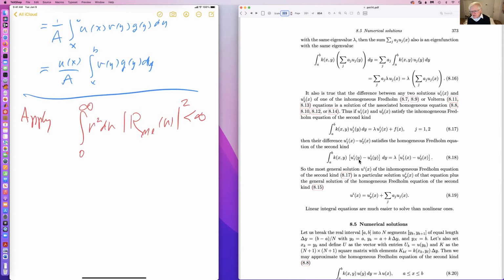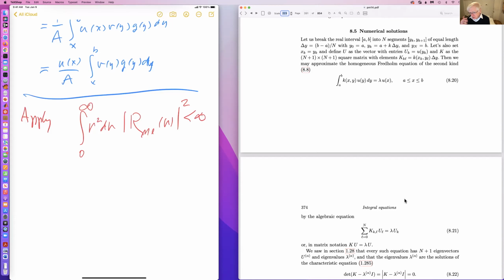And so the difference of any two solutions of the inhomogeneous equation is a solution of the homogeneous equation. So you write the general solution of the inhomogeneous equation as any particular solution of the inhomogeneous equation, plus the general solution of the homogeneous equation.